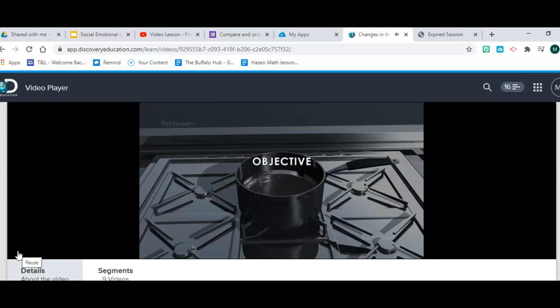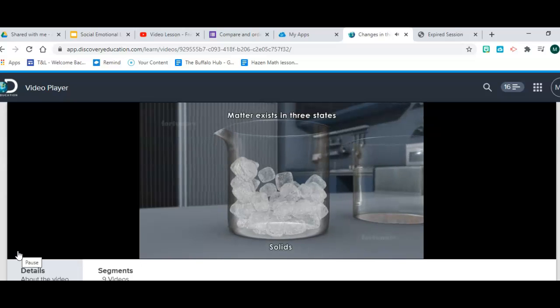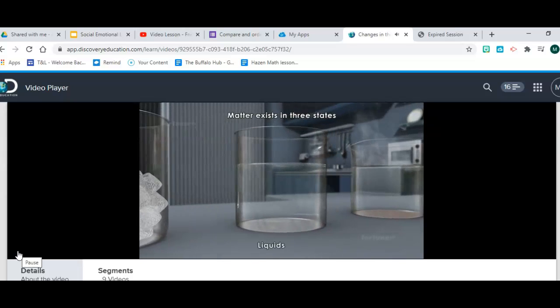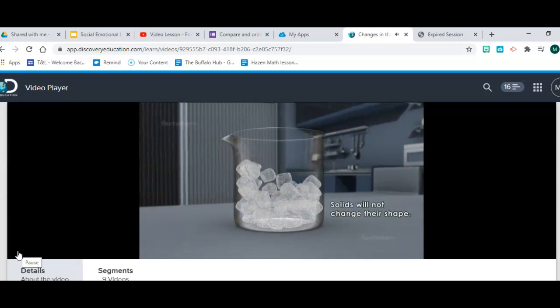Changes in the states of matter. Objective: to learn the properties of matter and how matter changes its states. Anything that occupies space is called matter. Matter exists in 3 states called solids, liquids, and gases. Solids will not change their shape. When we put an ice cube in a beaker, the ice cube will not change its shape.